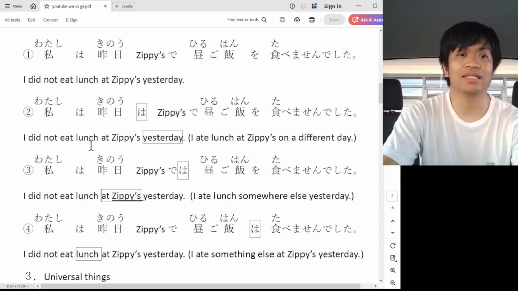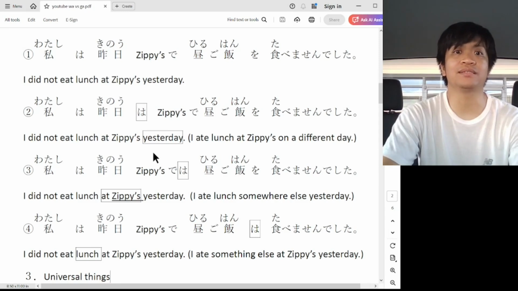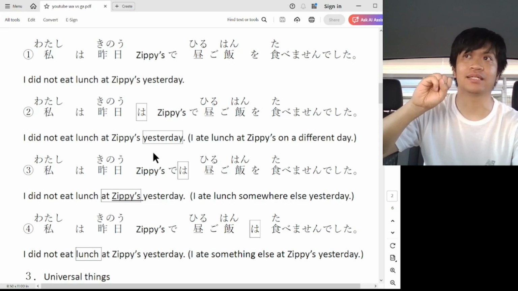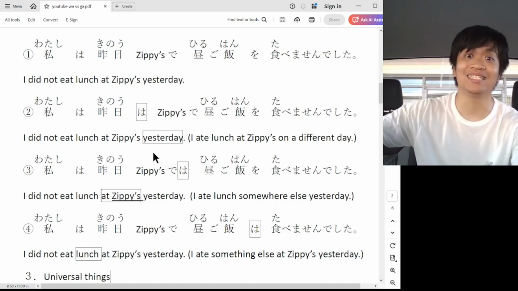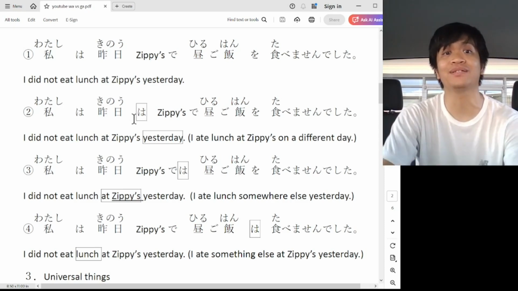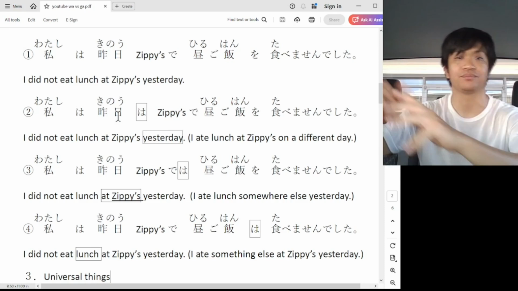In English, it's kind of like saying, oh, I didn't eat lunch at Zippy's yesterday. You know how there's that emphasis on yesterday? So what's implied is that you did eat lunch at Zippy's. It was just on a different day. So this comparison is comparing yesterday as opposed to other days.